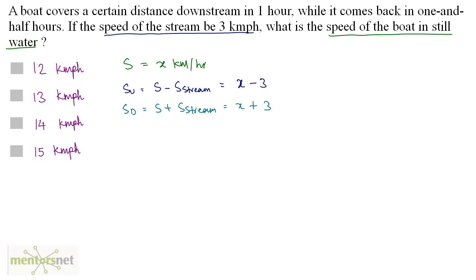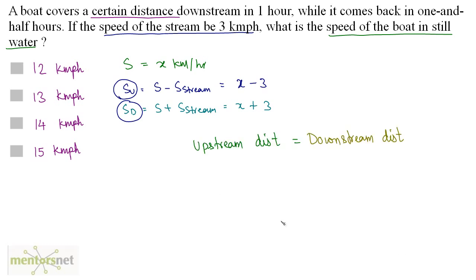So we have these two quantities, speed upstream and the speed downstream, as x minus 3 and x plus 3 respectively. Now it is given that the boat covers a certain distance upstream as well as downstream. So the upstream distance is equal to the downstream distance. Now upstream distance is equal to upstream speed times the time it takes upstream.